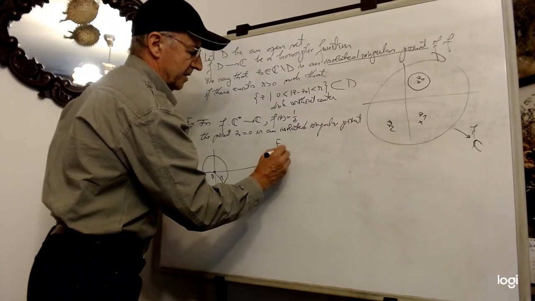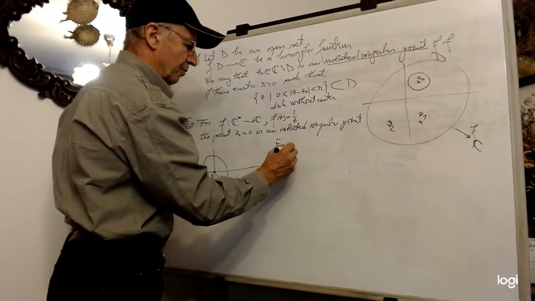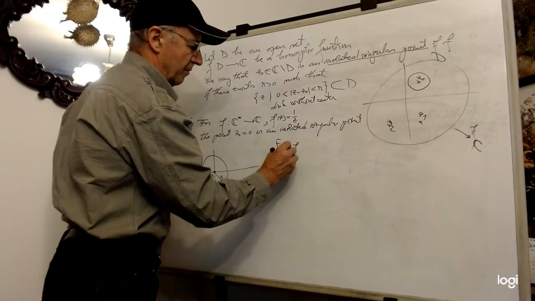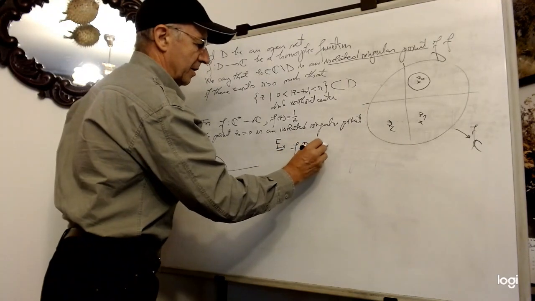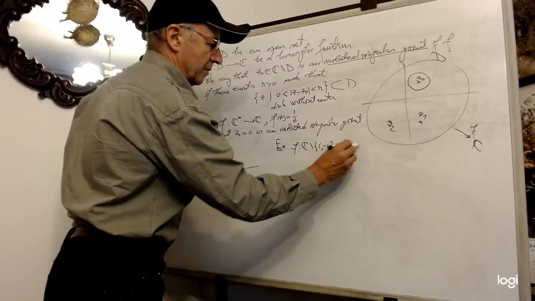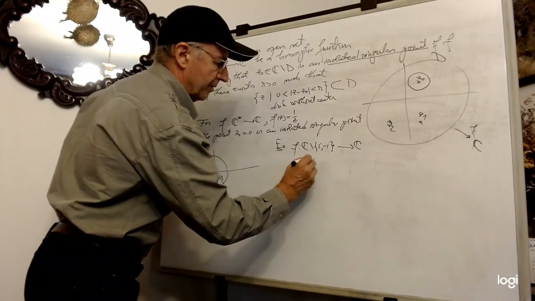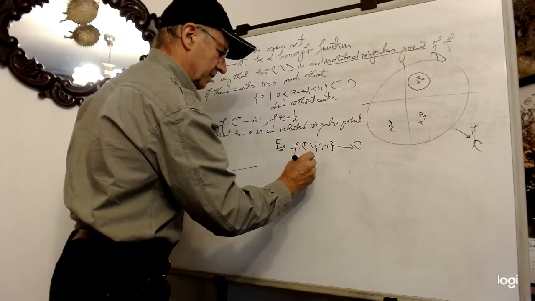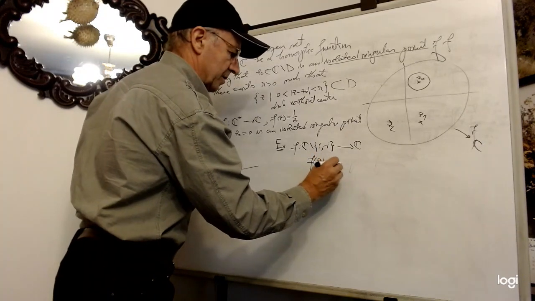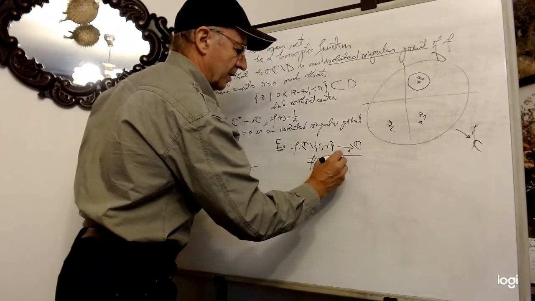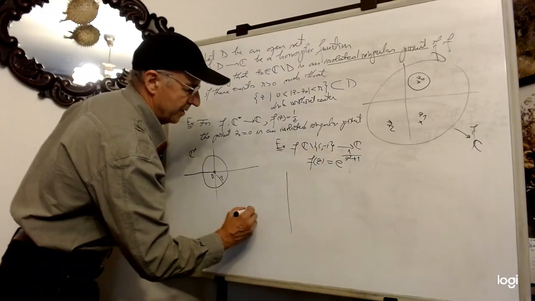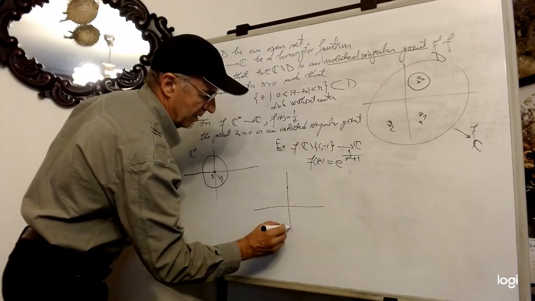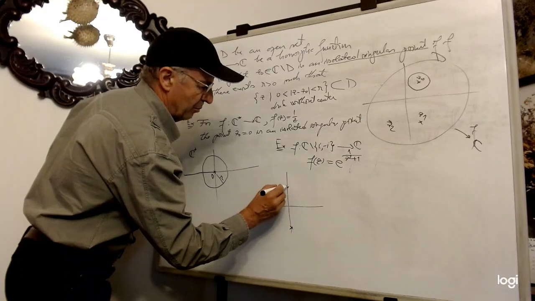For the second example, we consider f defined on C minus {I, minus I}, f of z equals exponential of 1 over z squared plus 1.